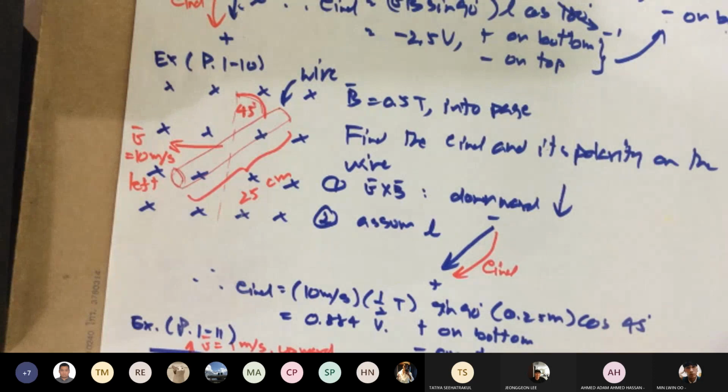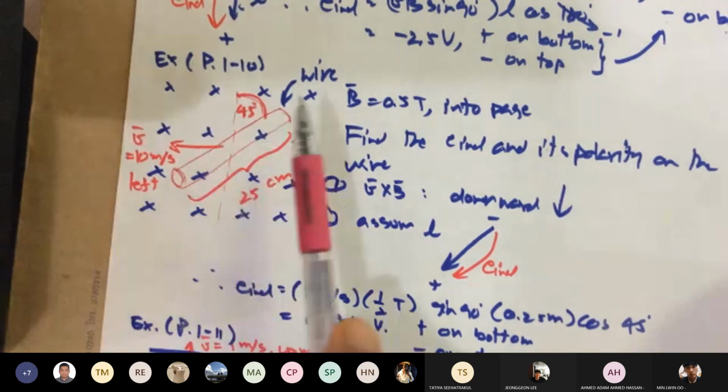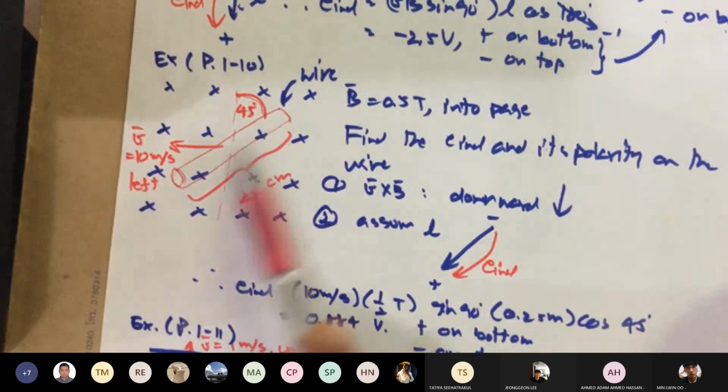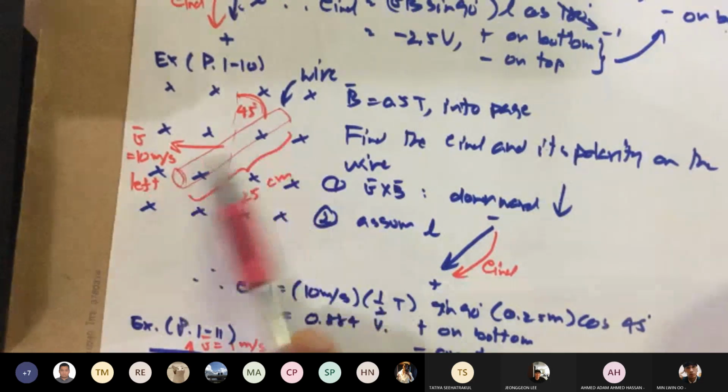Why? Because now your conductor or your wire is aligned at 45 degrees from the y-axis or x-axis. The magnetic field is the same, going into the page, 0.5 Tesla, wire of 75 centimeter length in the magnetic field.